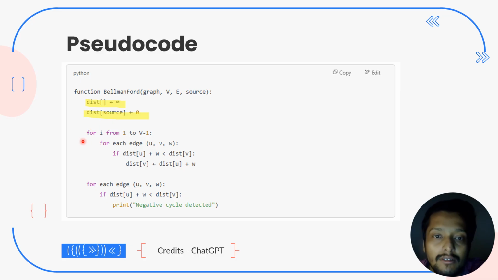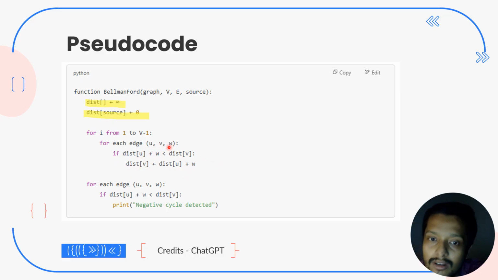So for each edge in the system, u, v, and w, let's say u, v, and w means there's an edge from u going to v with a weight w. For each such edge, you check the distance. If the existing distance to reach v is greater than the distance to reach u plus the extra cost to reach from u to v, then you have to update it.